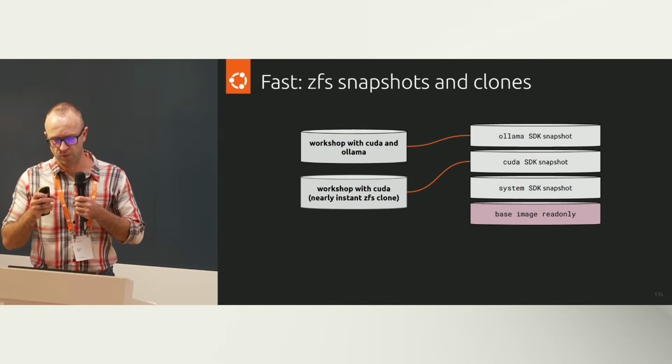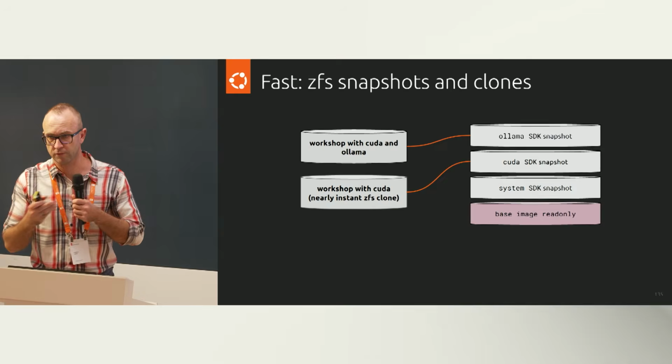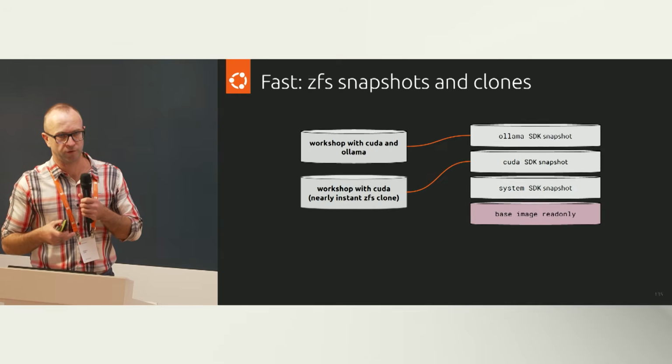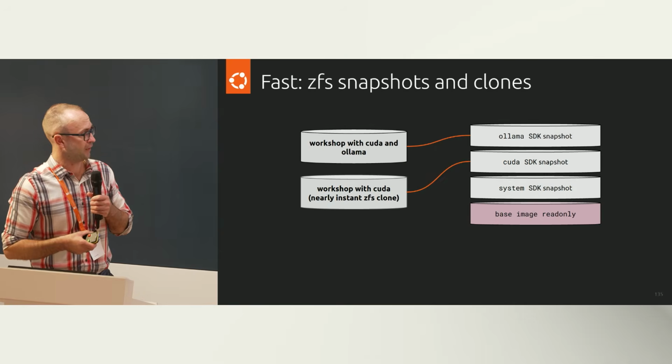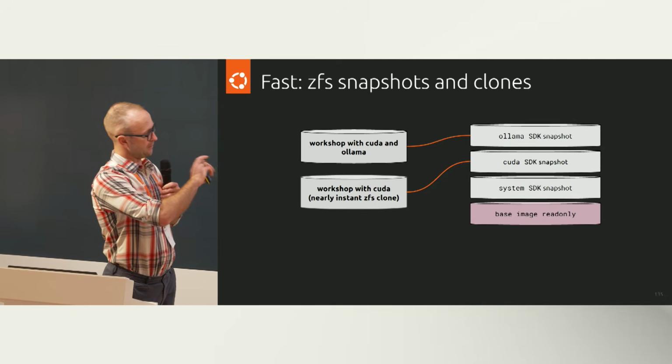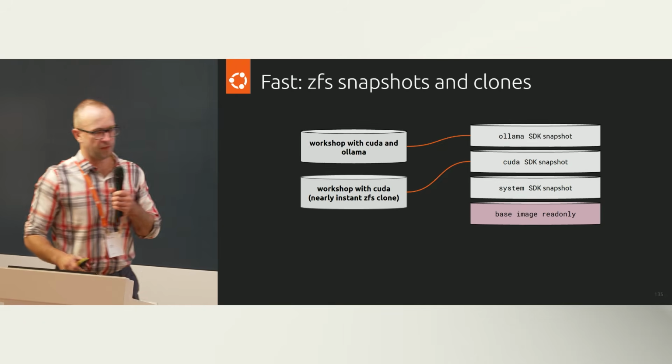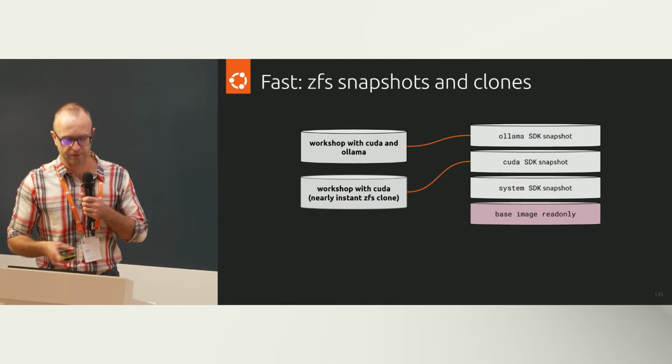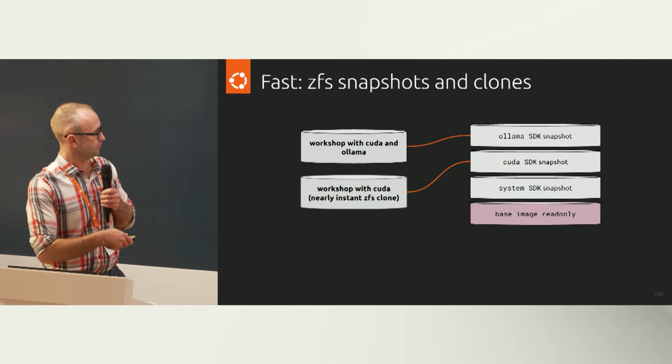We want them to be, first, easily launchable and refreshable, so you can operate them faster, and also space optimized, because some of these SDKs are pretty heavy in terms of disk usage. So we want to optimize that with ZFS snapshots.